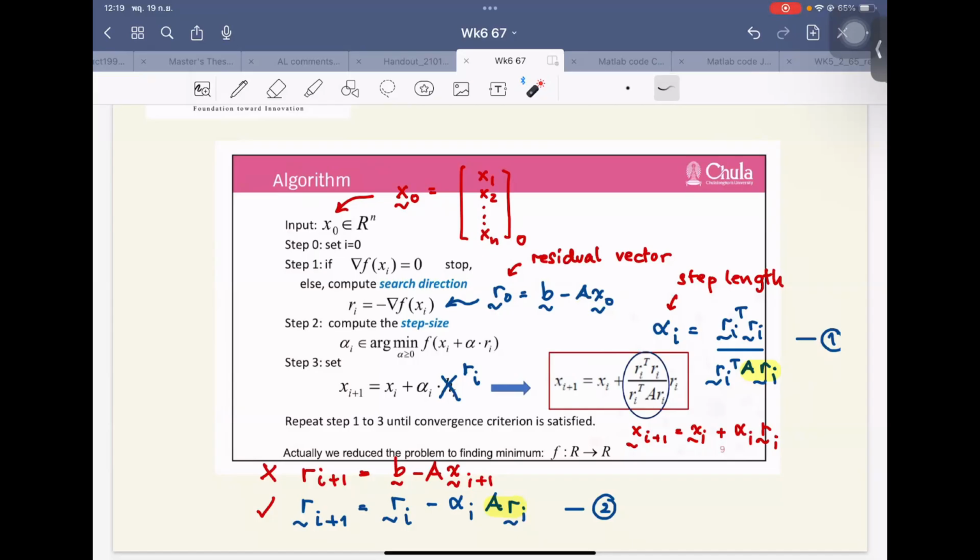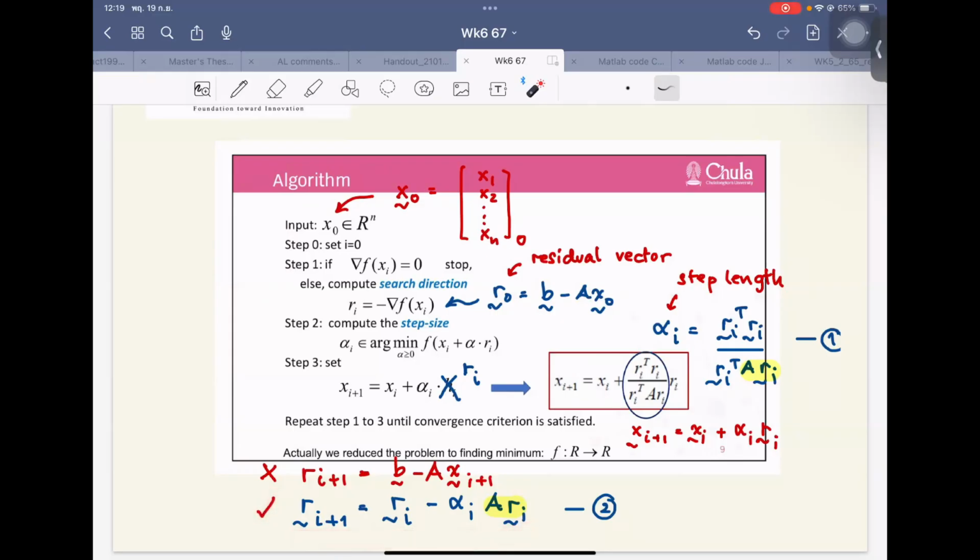If it's not, you go back, repeat, calculate the new residual vector. But this is not good in terms of the computation. In our algorithm, we're going to use this equation. It can be derived.